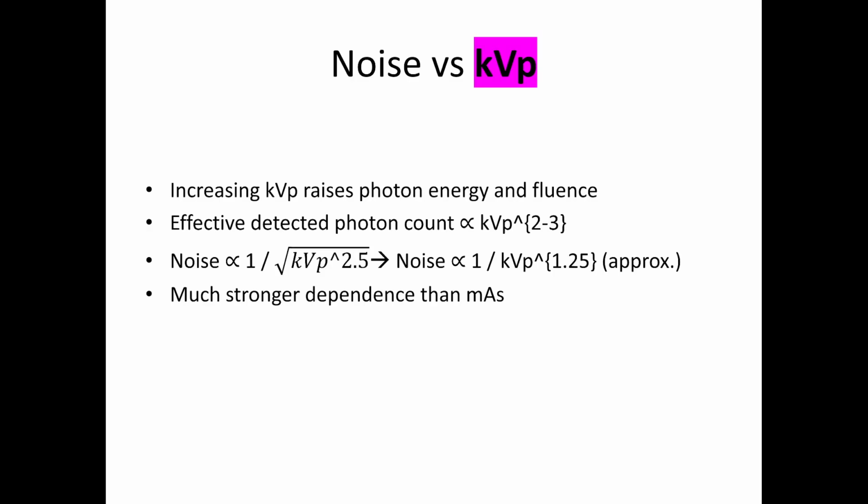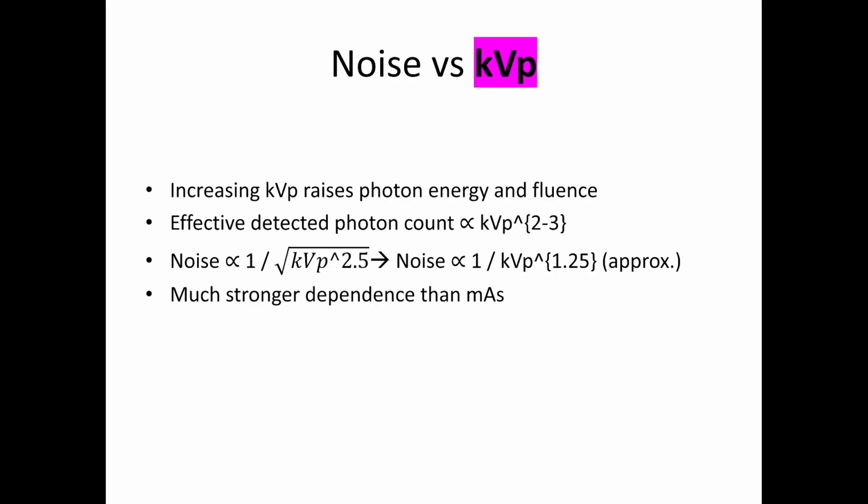Next, noise versus kVp. kVp is different because it changes both the energy and the spectrum of the photons. Higher energy photons penetrate the body more easily, meaning the detector receives many more effective photons. The relationship is stronger than mAs.